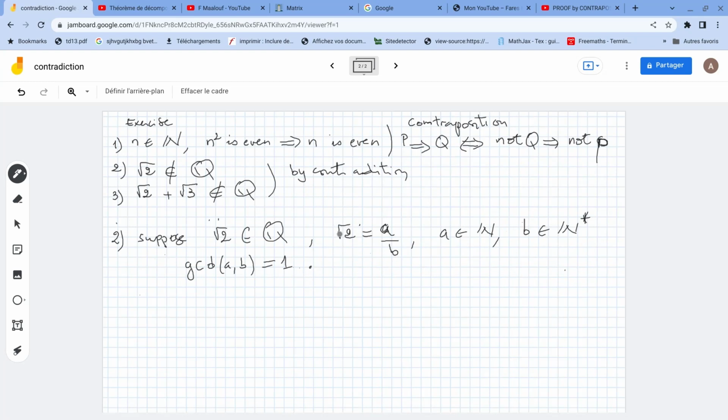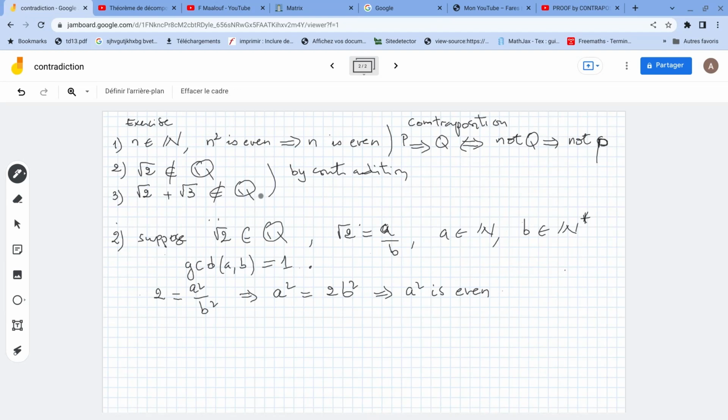I square this equality, which gives 2 equals a squared over b squared. Then a squared equals 2 b squared. So a squared is 2 times an integer number. Then a squared is even.